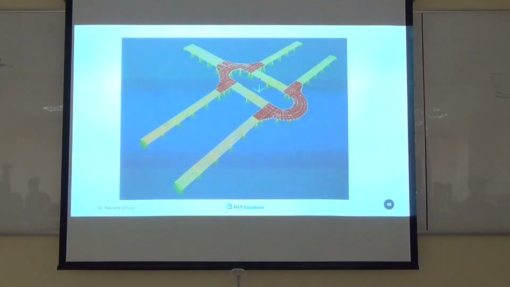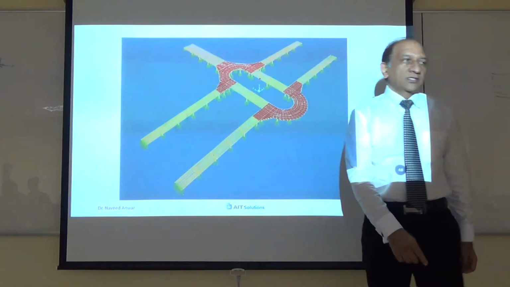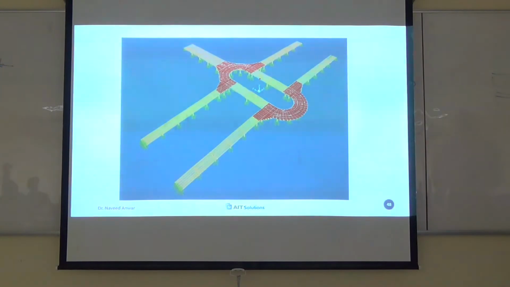For example, the foundation modeling may not affect the deck so much. So this model is good for the deck. When we come to the substructure, we will model this up. So we keep making simplifications and creating different models with different mesh sizes and different things for different purposes. So it's not uncommon to have many models for the same bridge.